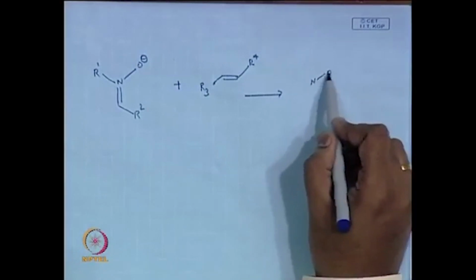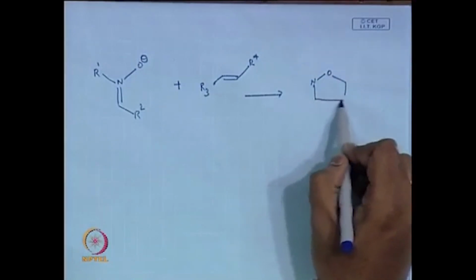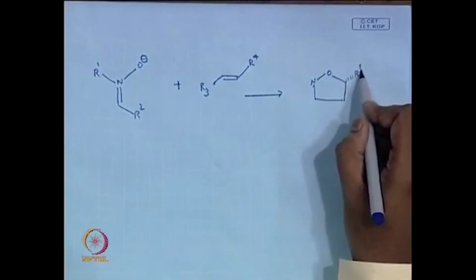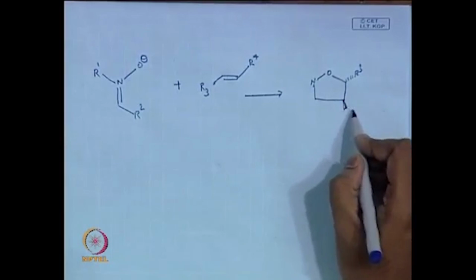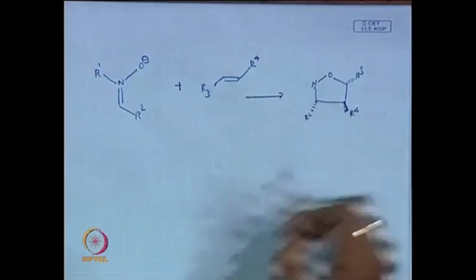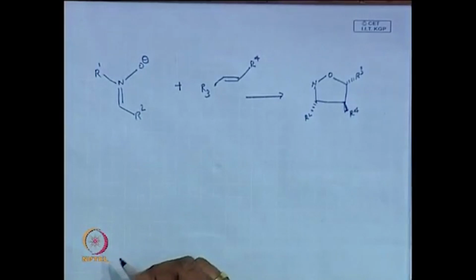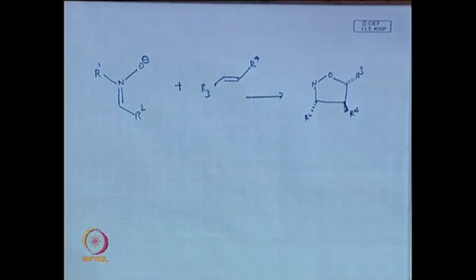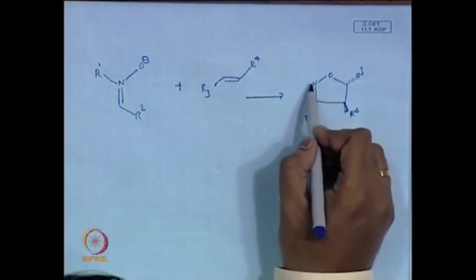So, N, O, I can have R3, R4, R2, R2 and N R1.